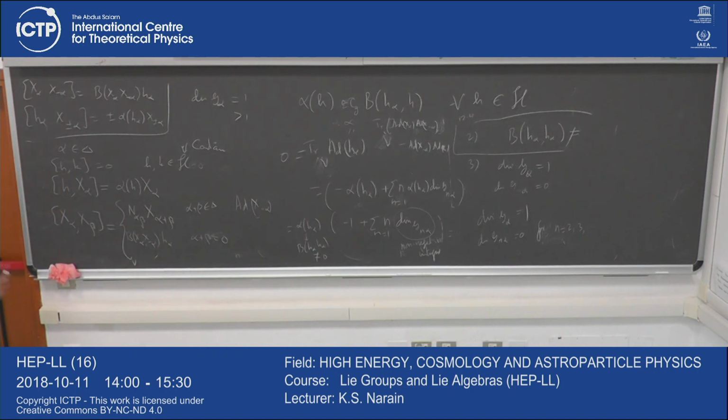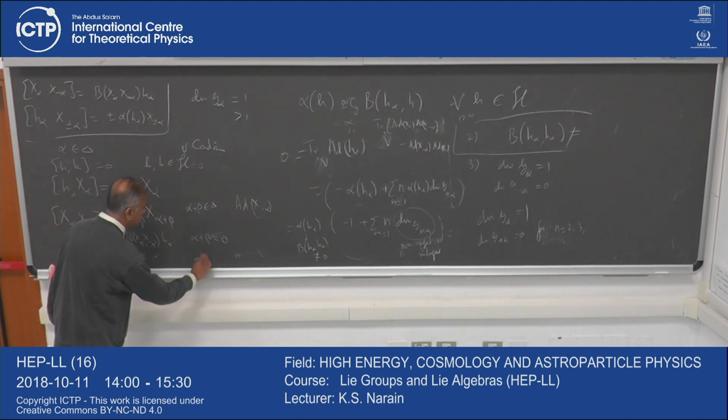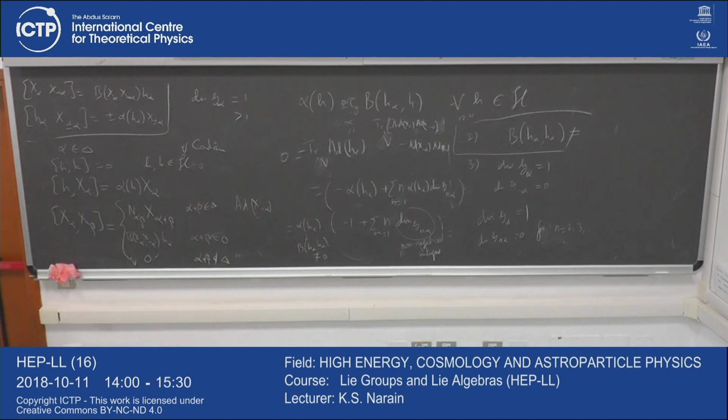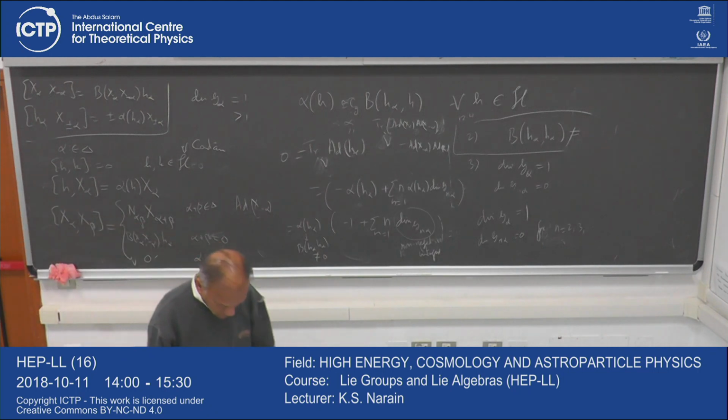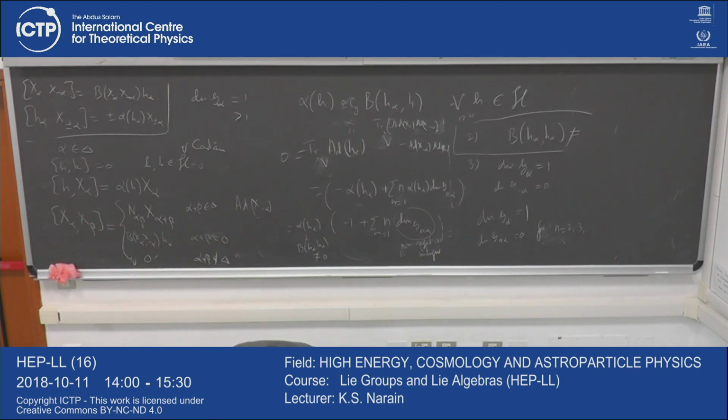And finally, if alpha plus beta is not a root, then it's 0. So this is the structure. And moreover, we know that for each alpha, the dimension of that root vector space is 1, for each non-zero root. Alpha equal to 0 is special, that's the Cartan. But any non-zero root always has dimension 1. So that's the basic structure.